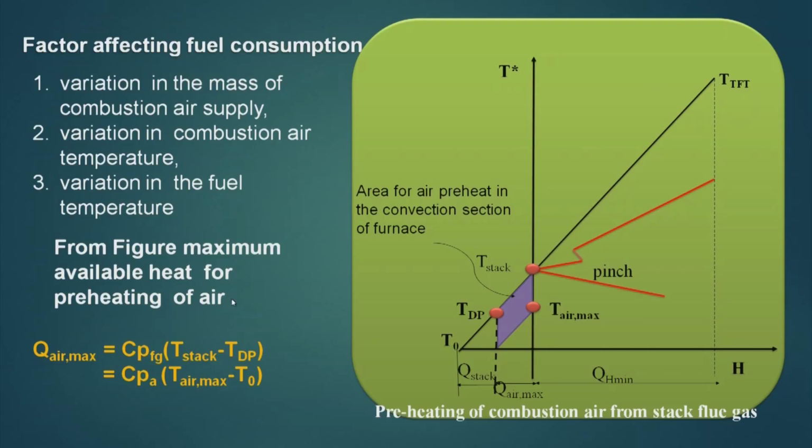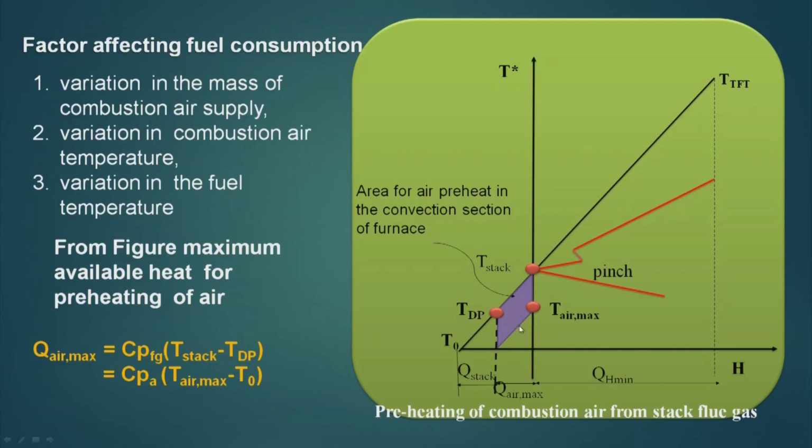Now, from this figure we can write down QR max, the maximum heat which can be pushed to the air for preheating, which is Cp,Fg times T stack minus TDP. That means T stack can be brought down up to the TDP, not less than that; I have already explained why this should not be done. And this is equal to Cpa times Tr max minus T0.